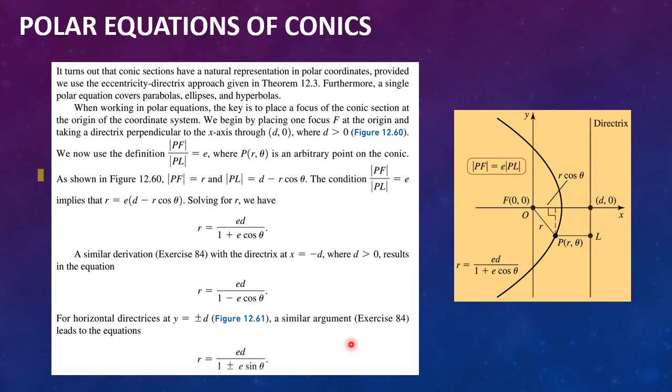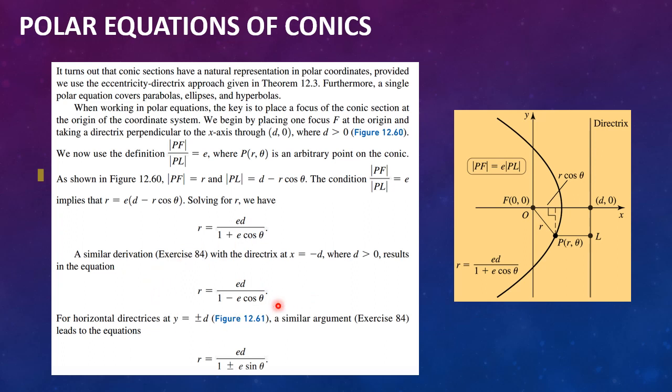That's a little confusing because now that I think about it, the directrix is an x equals constant. So x, I think that's the best way to think of it. I was thinking it's a vertical line, so it kind of reminds you of y, but the definition of this line is x equals d.